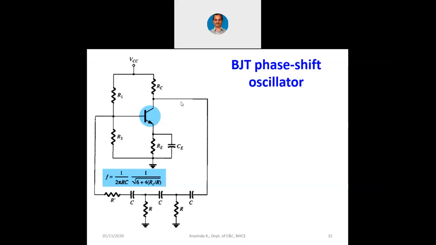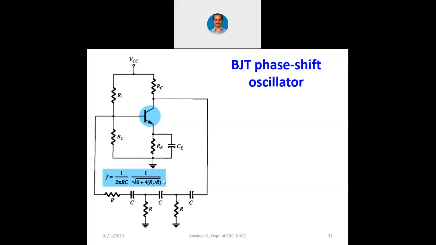Of course, it was there even in the case of FET. But in the case of FET, the output impedance was actually lesser. In the case of BJT, output impedance is slightly larger. So when we consider the complete frequency domain analysis of this circuit, the formula slightly changes.